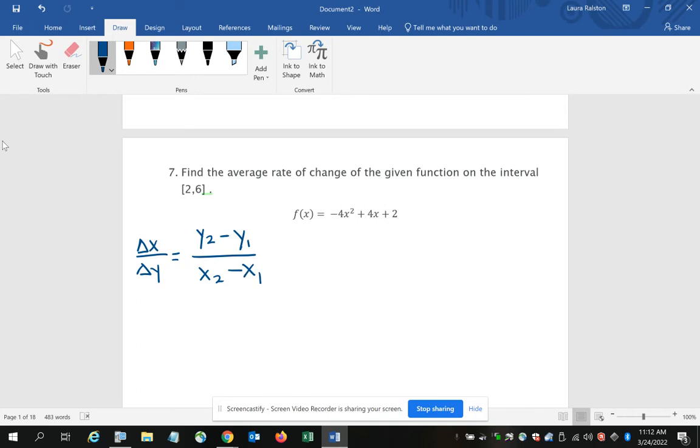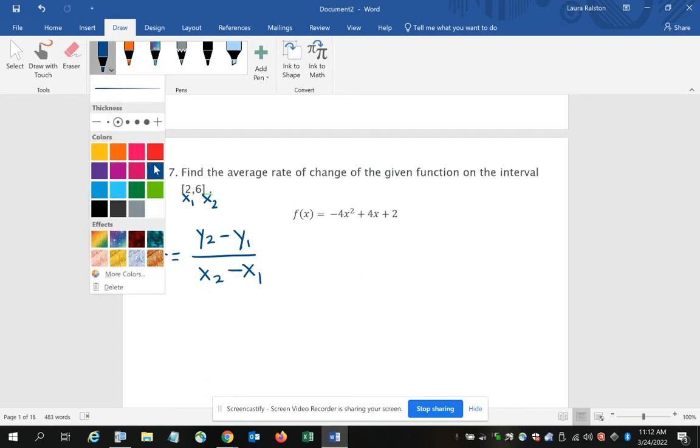But we don't have those ordered pairs initially, but we have the information to find them. In this interval, you want to go from 2, which would be your x1, to 6, which is your x sub 2.